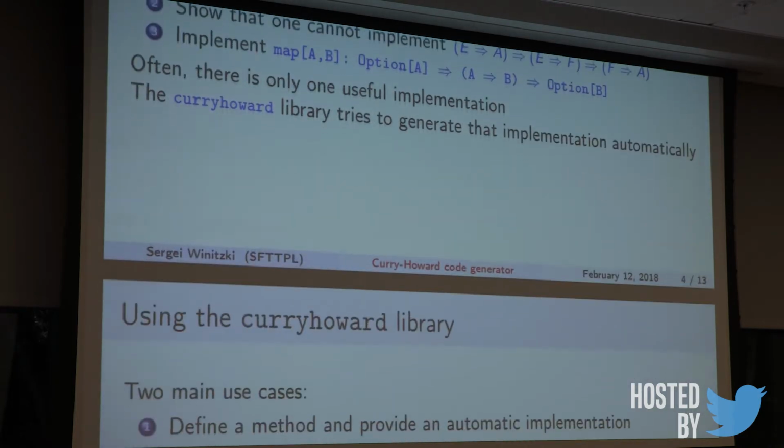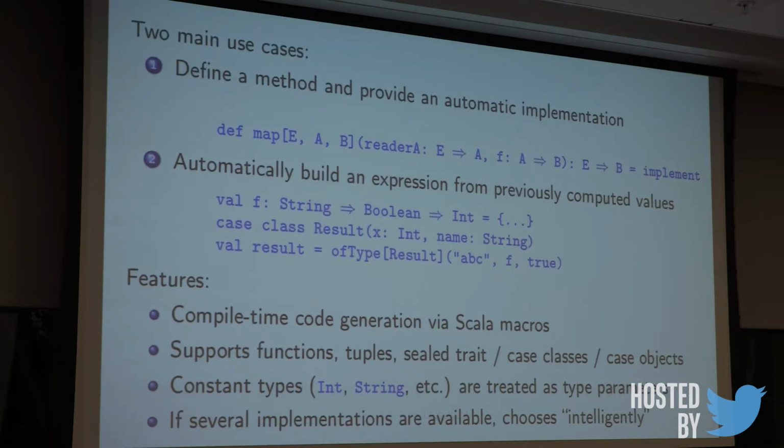You give it a type signature, like this. On the right-hand side, it's a macro. This macro can read the type that is inferred for it by the compiler. The type is this entire type signature, 3 type parameters.